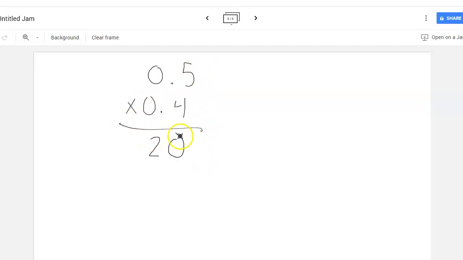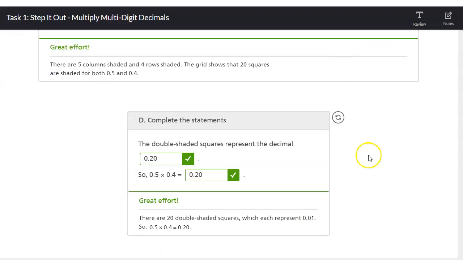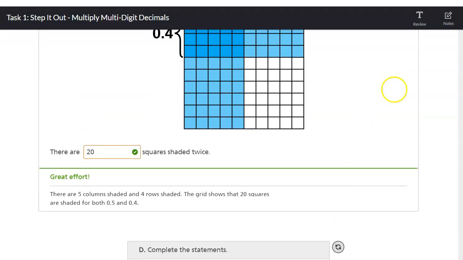And now we have to put our decimal place in. There's 1, 2 spots behind the decimal. This is what I would prefer that you did. If you like drawing and shading boxes, you can do that. But this way seems a whole heck of a lot easier to me. And we're going to go over some more again. Let me clear those off really quick though.